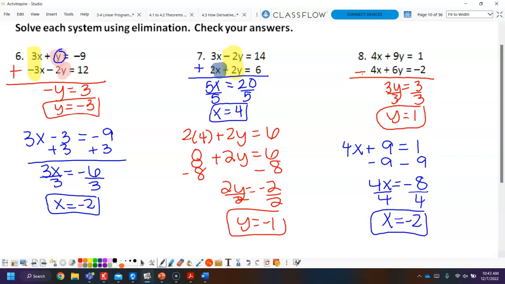I subtracted 9, divided by 4, and I got x equals -2. So again, these represent the ordered pairs where the graphs intersect each other. They represent the ordered pairs where the graph intersects each other. That is known as the solution.